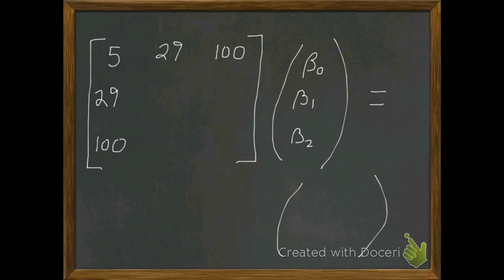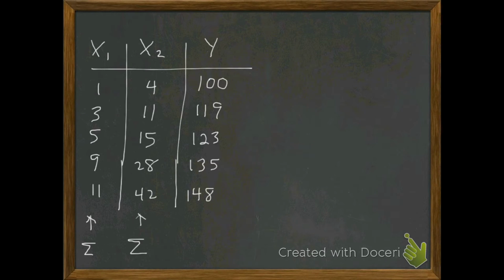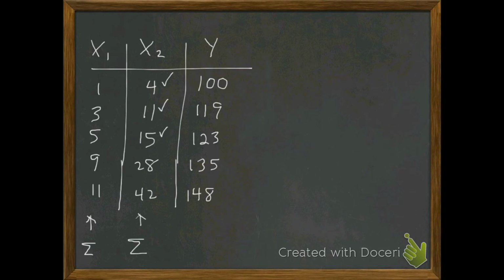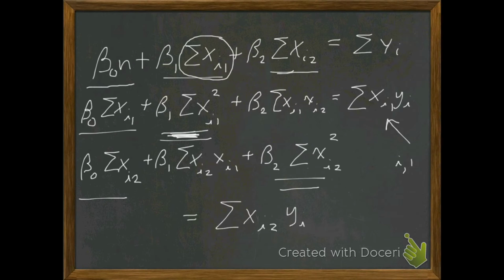So ultimately, I'm going to take 16 plus 121 plus 225 plus 28 squared, which I don't know. But nevertheless, when I do that, I get 237. When I square up my y's, I'm sorry, when I square up my x sub 2's, no, wait a minute, I think I messed that up. I did mess that up.